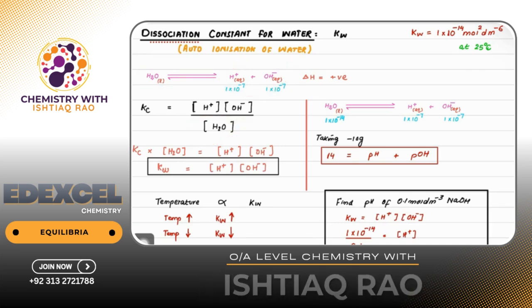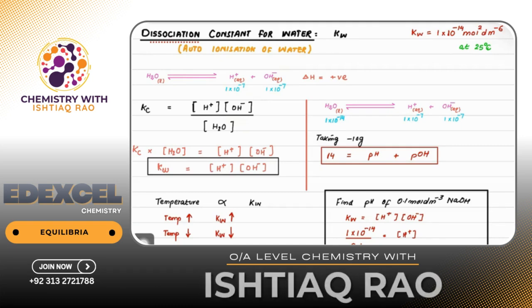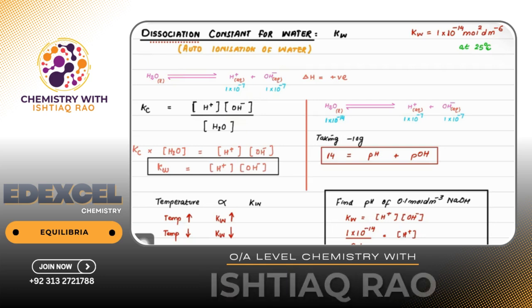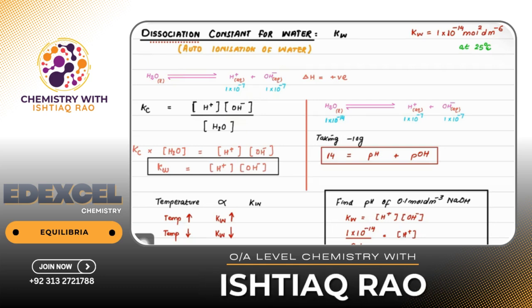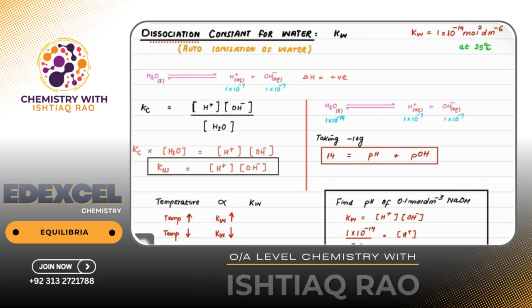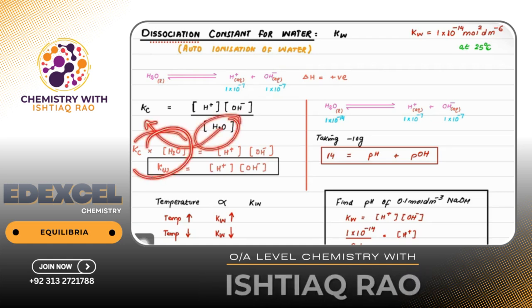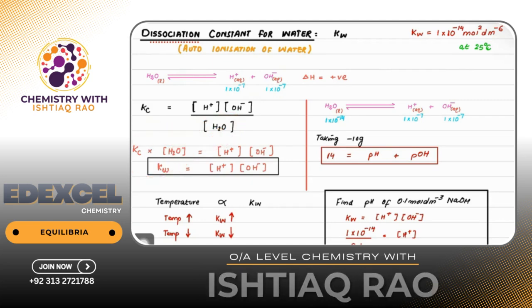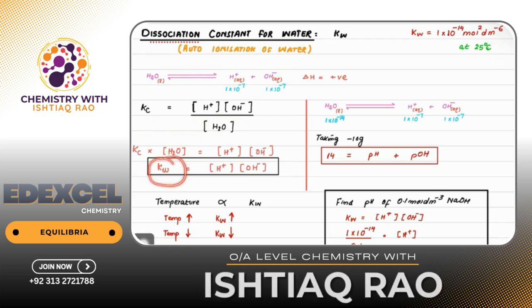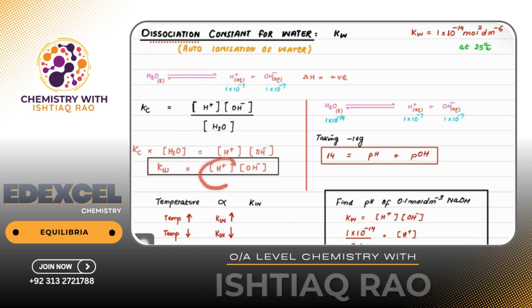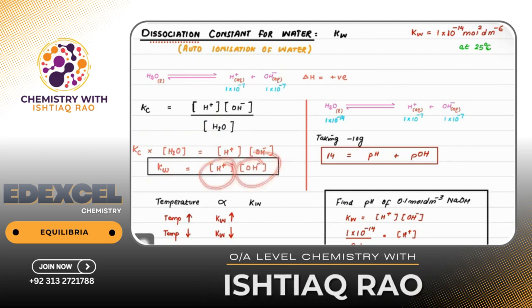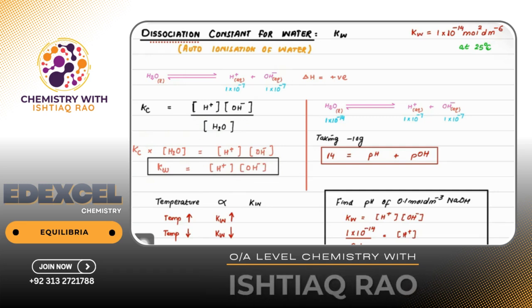And we knew that we are not supposed to put the liquid in the Kc expression. So I did it like that: Kc multiplied by H2O is going to be Kw. Kw is equal to H positive ion times OH negative ion. This is another relation that you are supposed to know.